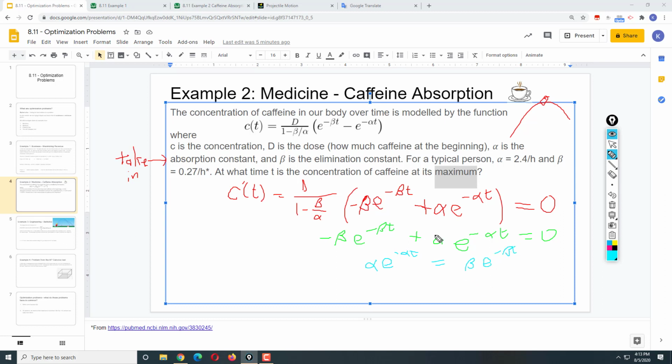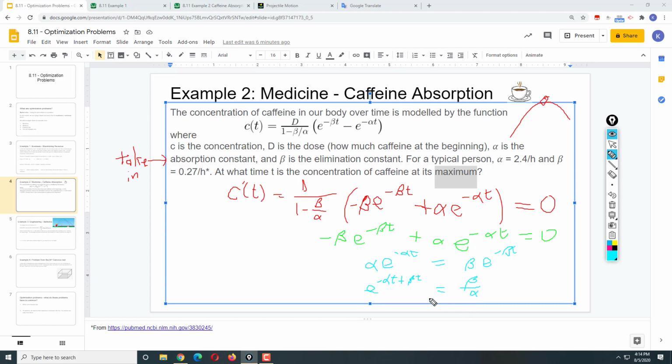Okay. Divide both sides by alpha and move the negative beta t term to the other side, and we end up with e to the negative alpha t. We're going to be dividing by e to the negative beta t, but dividing by a negative exponent is just multiplied by a positive exponent. So it's e to the negative alpha t plus beta t is equal to beta over alpha.